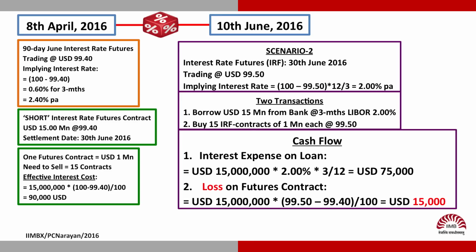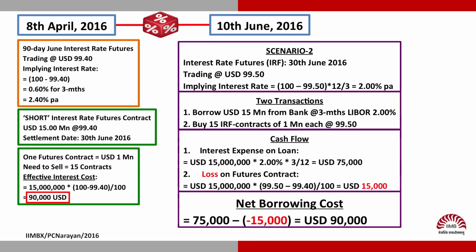So the net borrowing cost is 75,000, which is the interest on the loan of 15 million at 2%, plus the loss on the futures contract of 15,000. The total is US dollars 90,000.